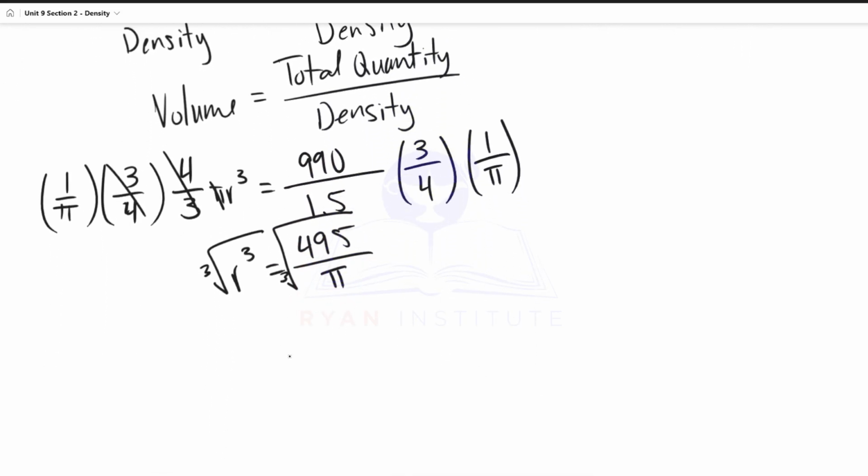The cube root of 495 over pi gives us roughly 5.4. So the radius of the ball should be approximately 5.4 centimeters.